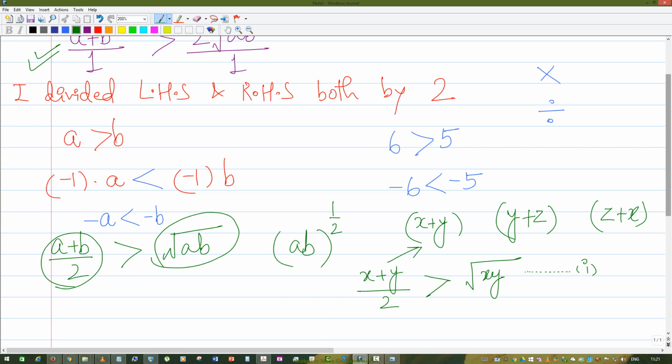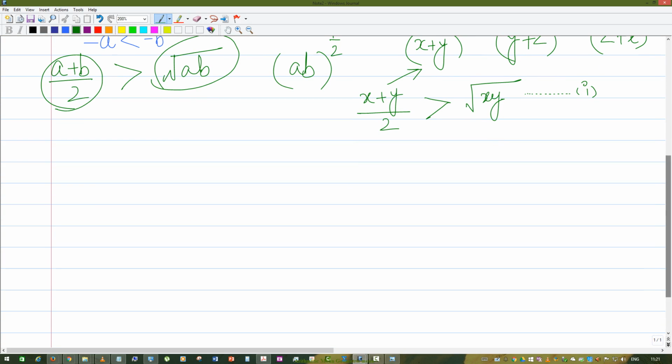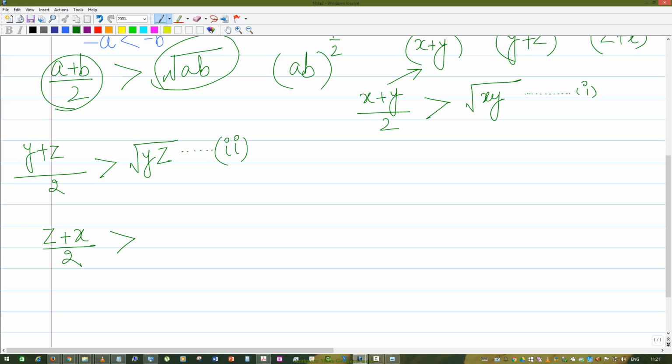Now moving to the other part, y plus z over 2 is greater than root yz, this is equation number 2. Then z plus x over 2 is greater than root zx, this is equation number 3.